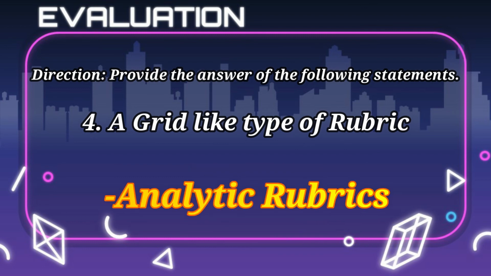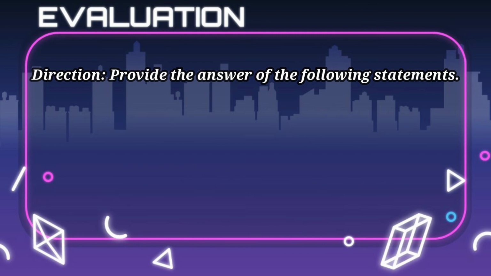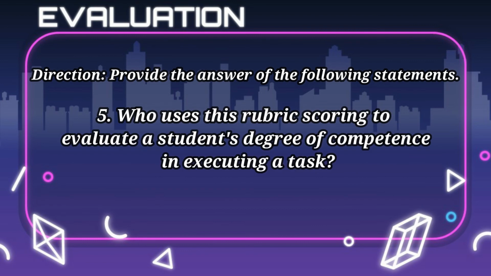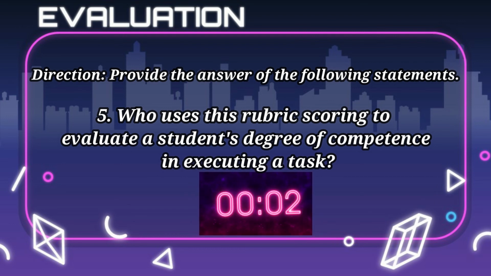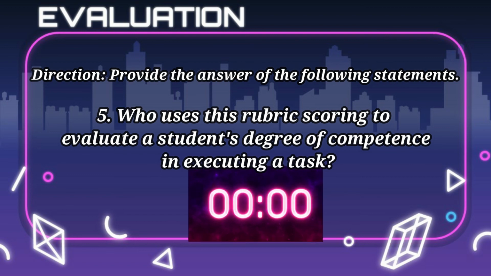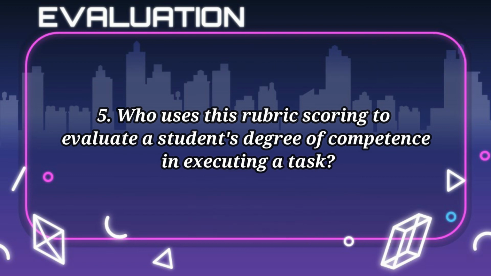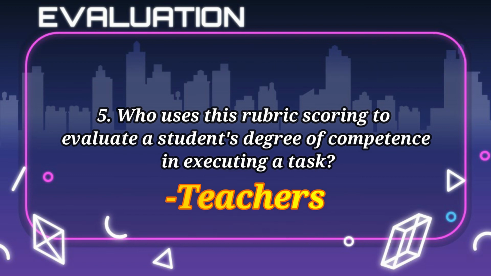Yes, you're right. It's analytic rubrics. Okay, for the last question, who uses this rubric scoring to evaluate a student's degree of competence in executing a task? Timer starts now. Okay, you got it right. It's teachers.